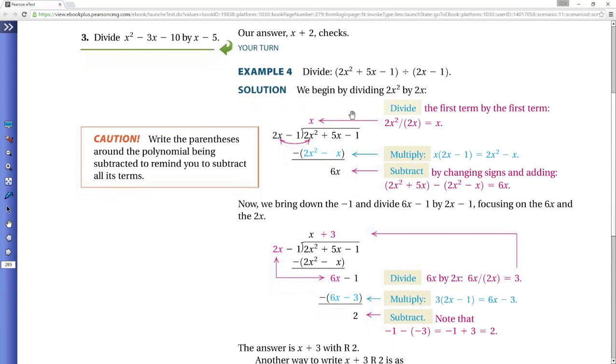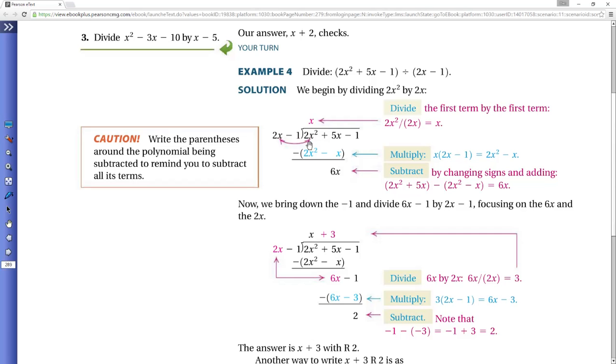Well, let's look at example 2 here, because this one we actually get a remainder, and we have to deal with the remainder. So they go through the process again: we look at the first term, and we have 2x squared in the dividend. We want to know how many times 2x goes into 2x squared.